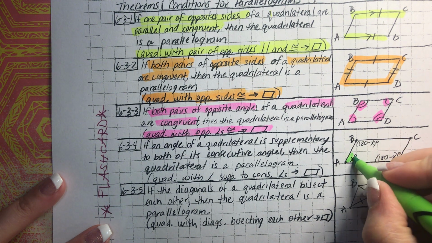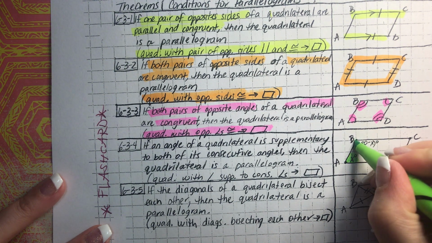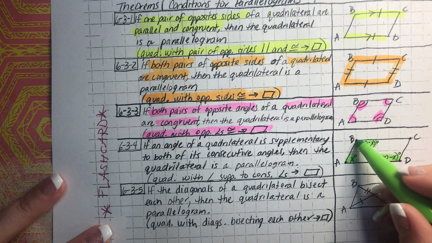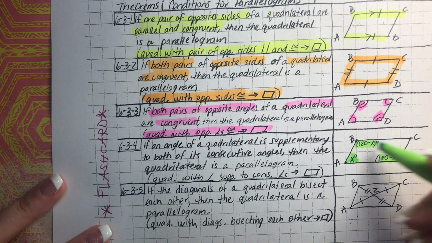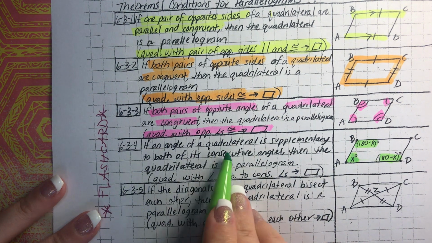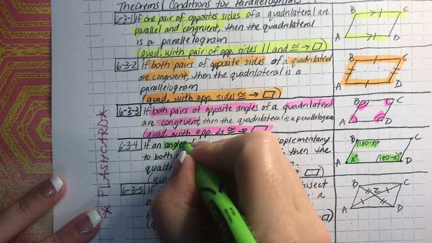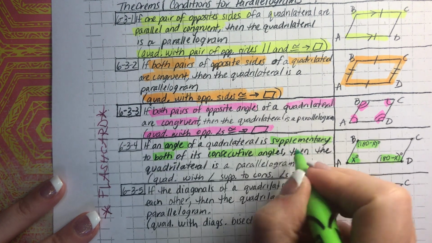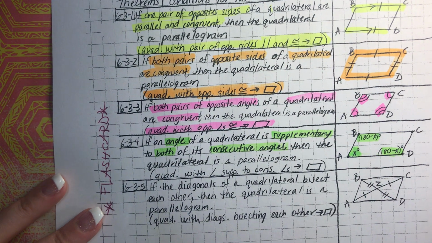So here's our angle, and it has to be supplementary to this one and this one. So this angle has to be supplementary here and here for it to be a parallelogram. So if an angle of a quadrilateral is supplementary to both its consecutive angles, then the quadrilateral is a parallelogram.